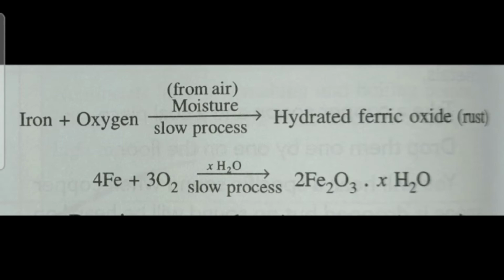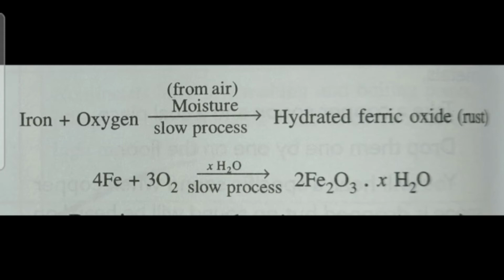So rusting corrodes iron and weakens iron structure and thus causes economic loss. So we have to make sure that the iron that we are using should not get rusted or corroded, so that economic loss does not happen. So we have to take care of this iron.